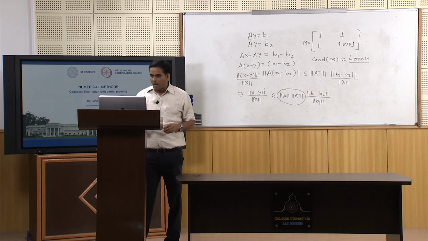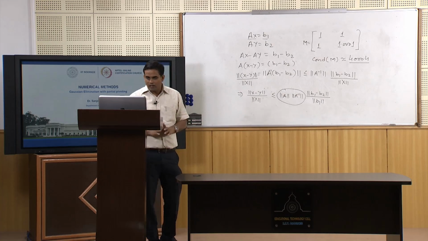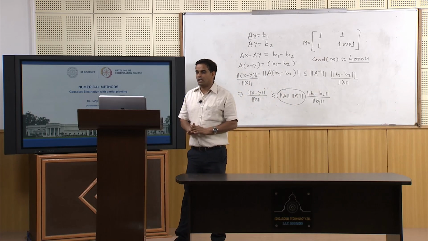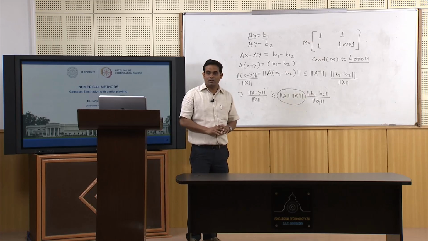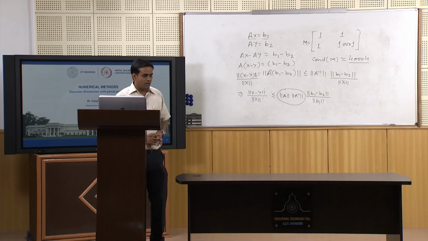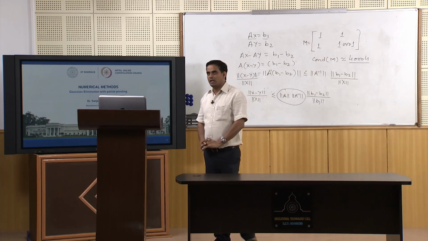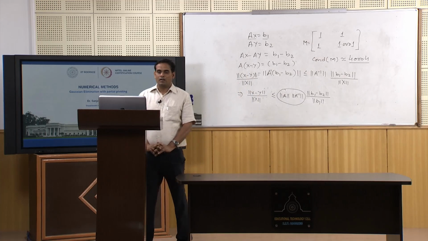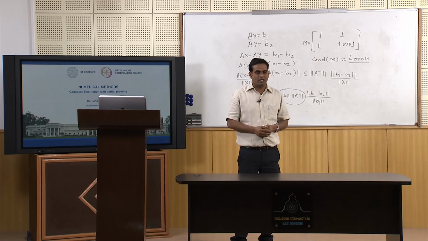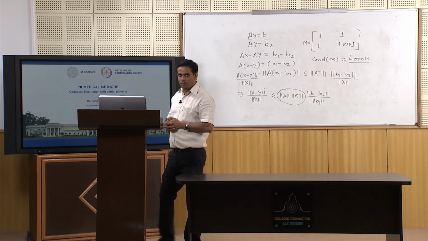So, I will stop this lecture here. In the summary of this lecture, first I introduced the Gaussian elimination with partial pivoting, and in the second phase of the lecture I introduced the ill conditioned system and the idea of condition number to measure whether a system is ill conditioned or not.